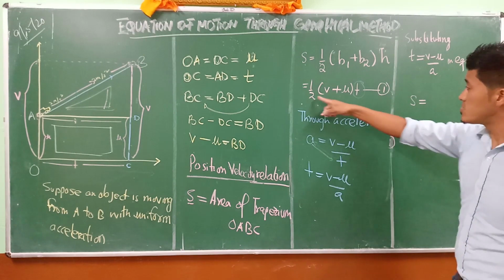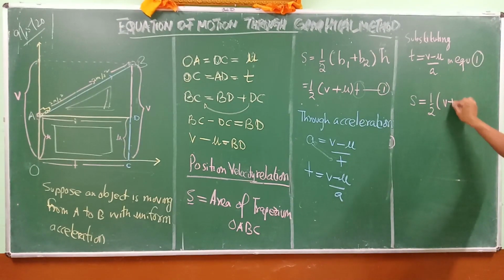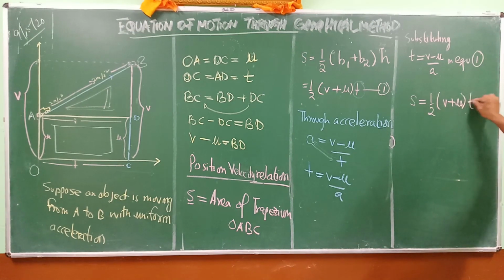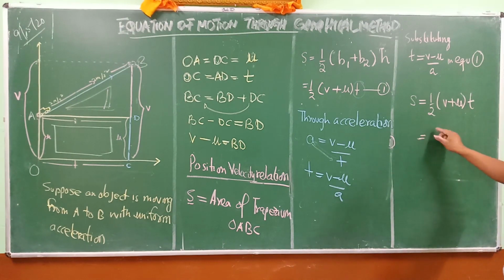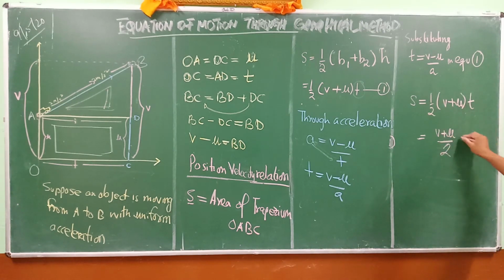S is equal to half V plus U into T. Now instead of writing T, I have to write V minus U upon A. So how am I going to write this? This 2 I'm going to keep below the V plus U. V plus U upon 2 into V minus U upon A.